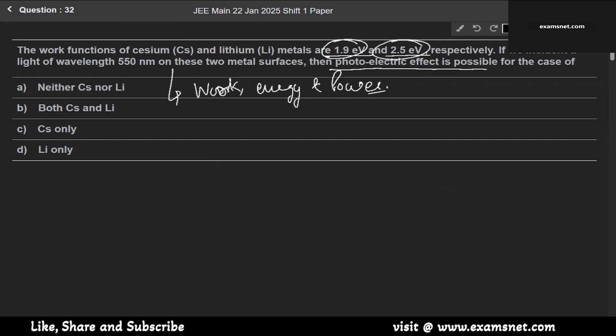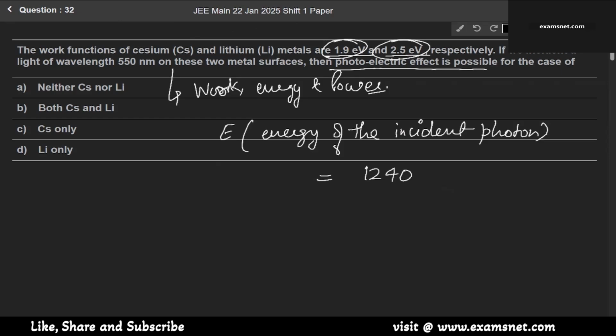We know that the energy of the incident photon, its formula is 1240 over lambda in terms of nanometer, in electron volt energy.